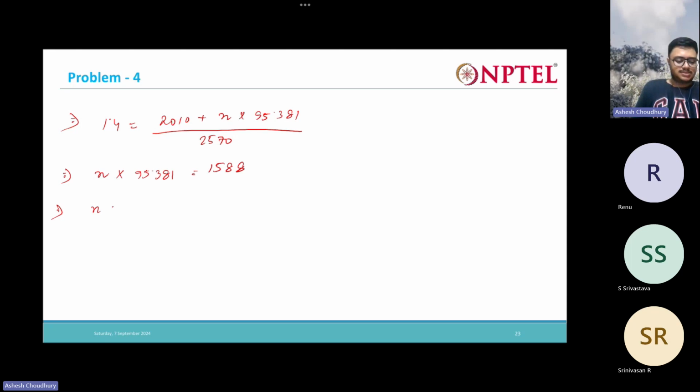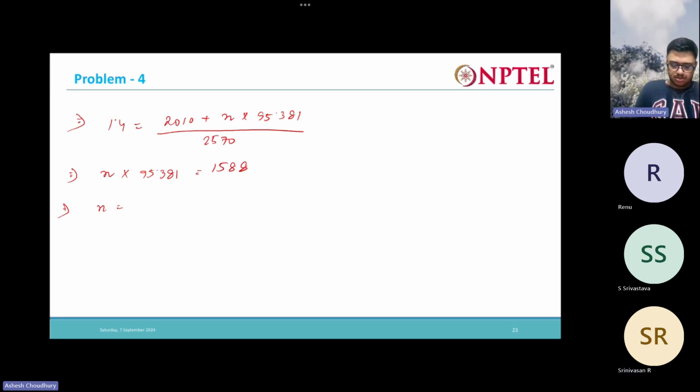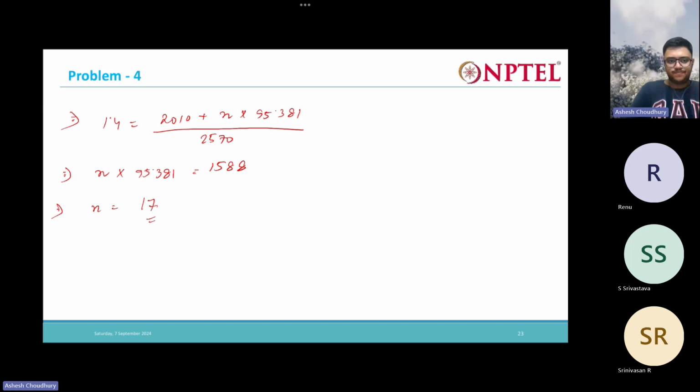How many layers? What is the n value? 17. Yeah, 17. So 17 layers we need to use. Very simple. These problems are really very simple. Nothing much, just basic. These are for clearing up your basic concepts. That's it.